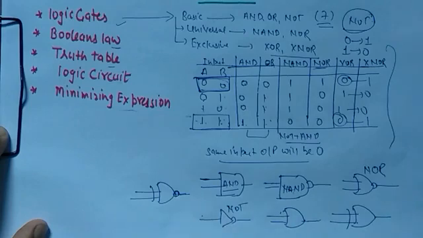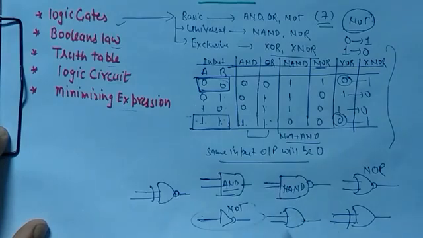For NOT gate, identification is very easy because NOT gate will take only a single input. Here you can see that in all gates there are two inputs, but in NOT gate there is only one input. So NOT gate will take a single input, whereas the rest of the gates will take at least two inputs.